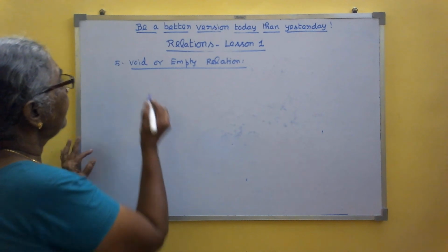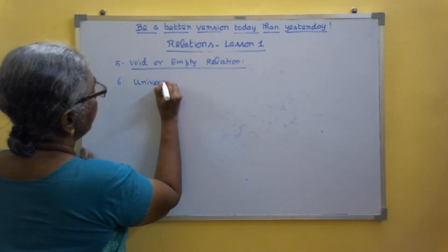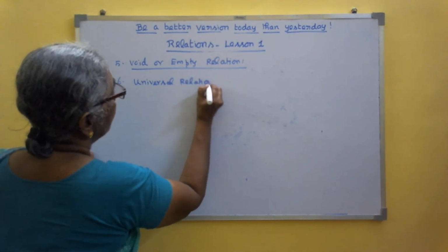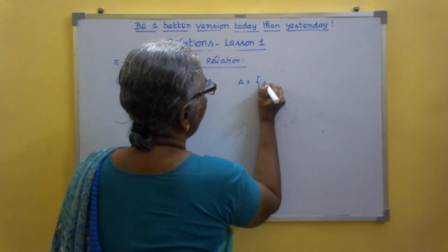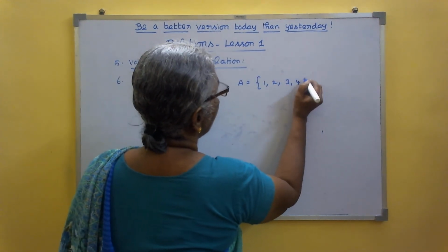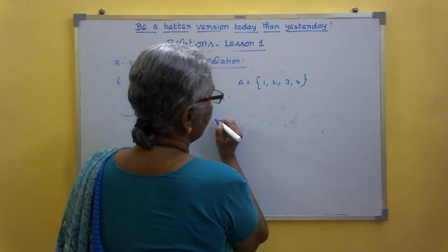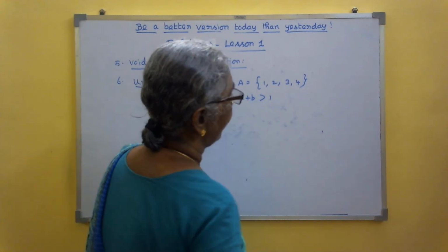Then the second trivial relation is universal relation. That is, it should be true for everything. Universal relation. You just consider some A which is {1, 2, 3, 4}. The relation I am going to define as some two elements A plus B always greater than 1.